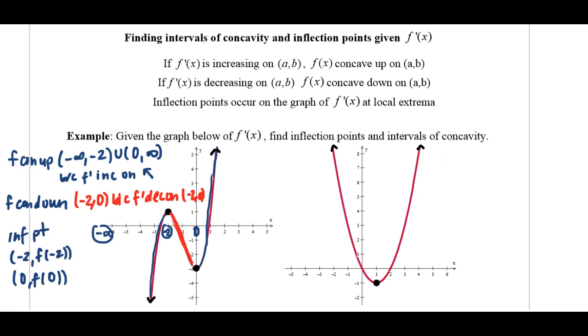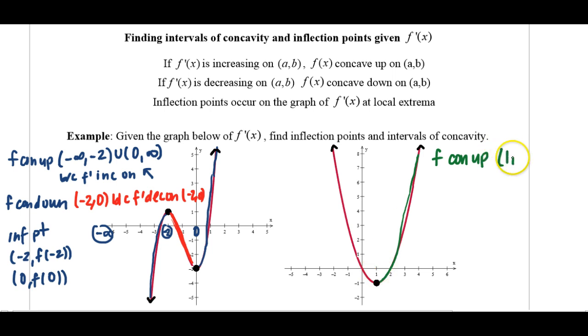So now let's go ahead and try to answer the same questions using this right graph, still of f prime of x. If this is my derivative function, then f is concave up wherever this derivative graph is increasing. It's like I'm walking up a hill, or I'm increasing anywhere past the x value 1.